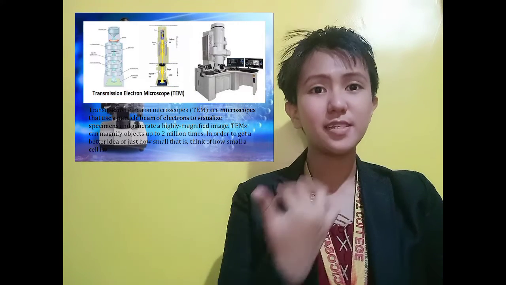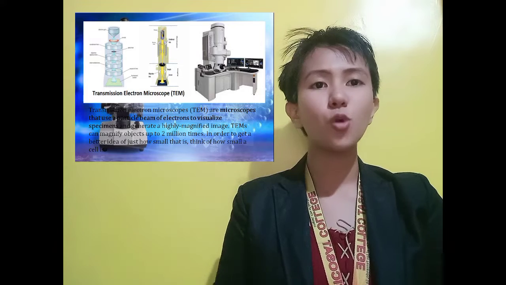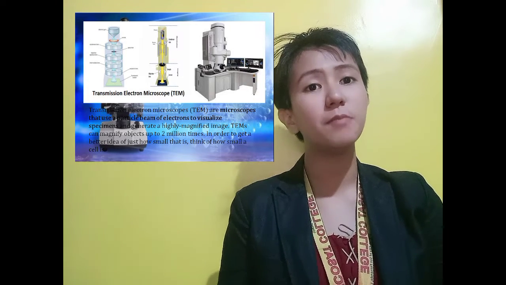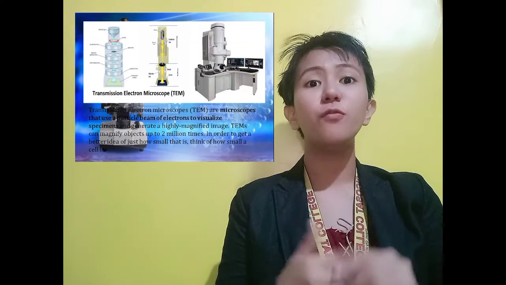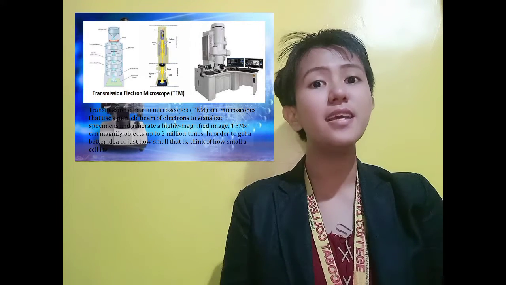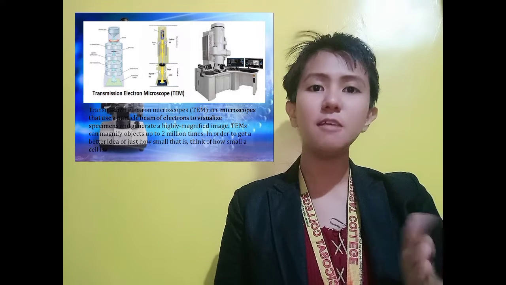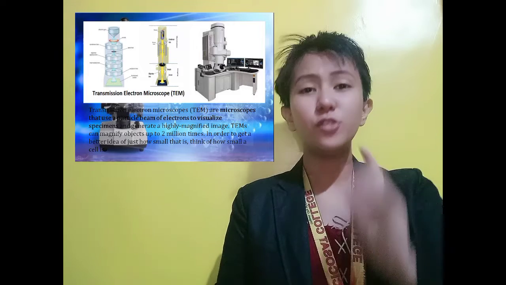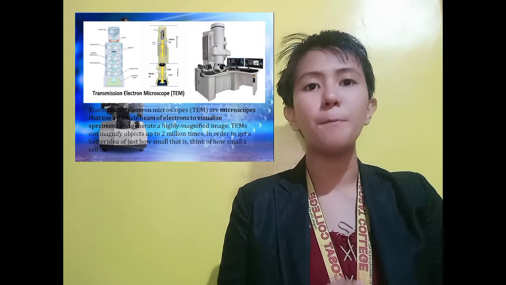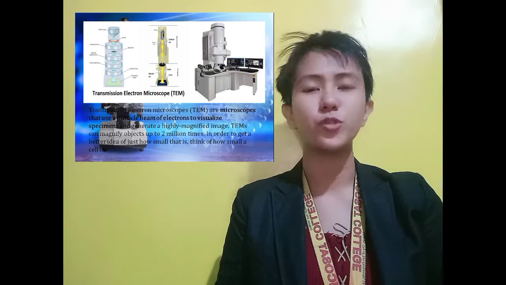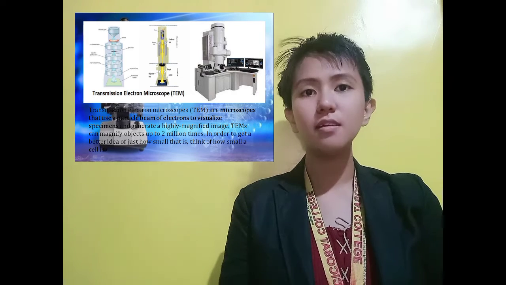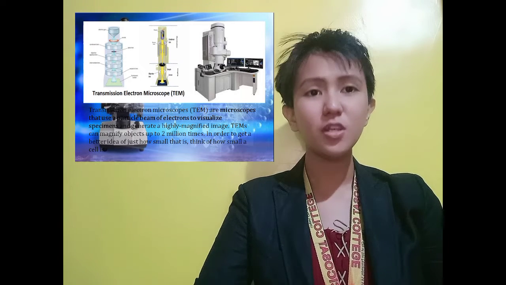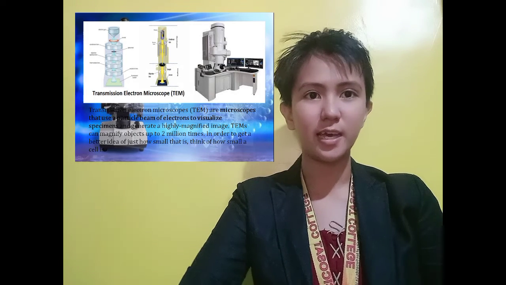The last one is the transmission electron microscope, or the TEM, a microscope that uses a particle beam of electrons to visualize a specimen and generate highly magnified image. TEMs can magnify objects up to 2 billion times. In order to get a better idea of just how small that is, think of how small a cell is. So, yun po yung TEM.